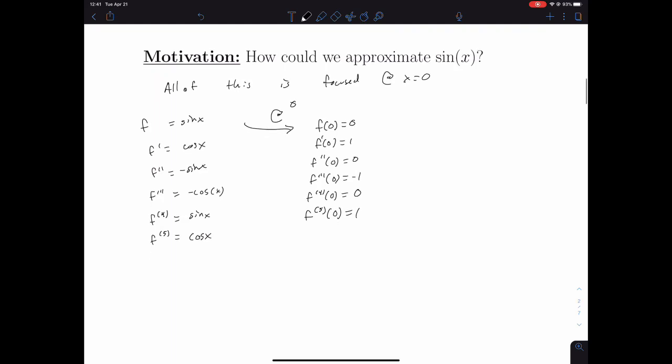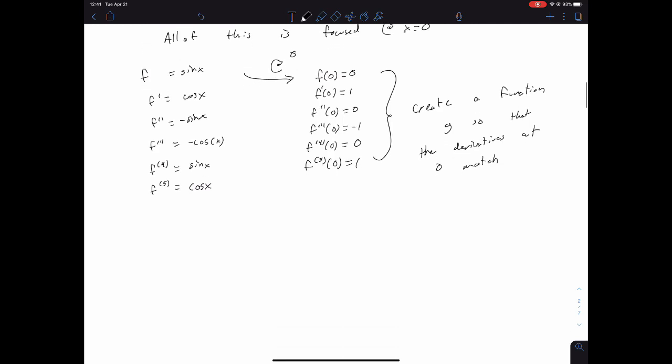So I want to create a function, let's call it g, so that the derivatives at 0 match. Okay, so to make g of 0 be 0, this will make the constant term 0.